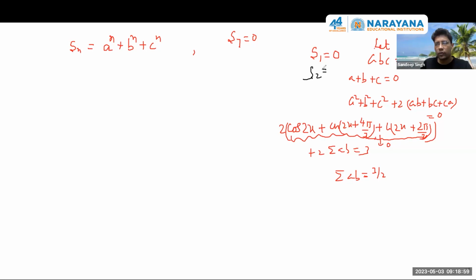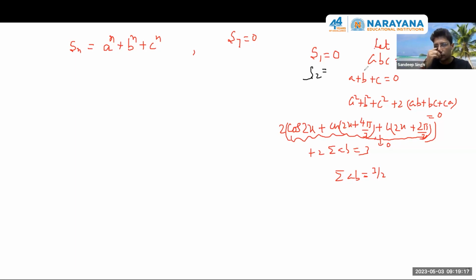S2 is how much? Not 3 by 2. I think the formula I have written for cos square is not right. Cos square is what? 1 plus cos 2 theta, by 2.